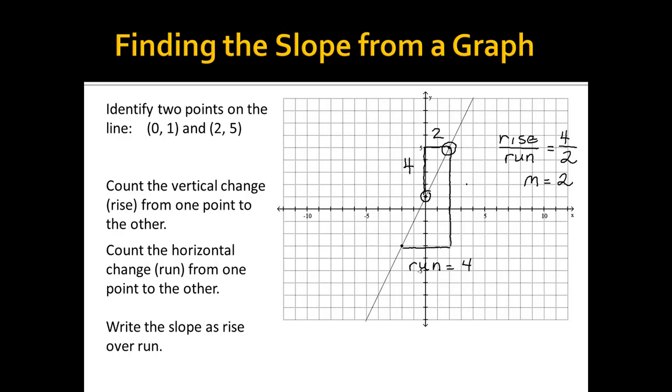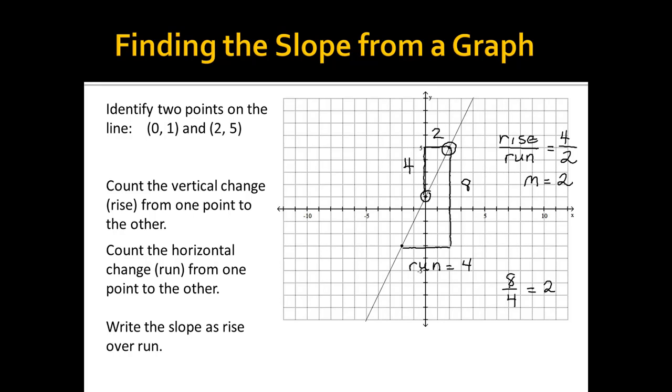So my rise would be 8. We would still write it as rise over run. In this case, that would be 8 over 4. Which still gives me a slope of positive 2. So if I write the slope as rise over run, I may have different values for the vertical change and the horizontal change depending on the points I pick, but the resulting slope will be the same.